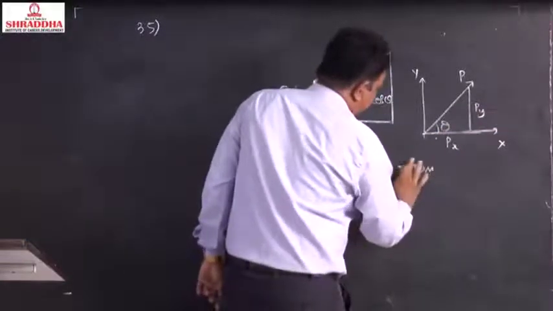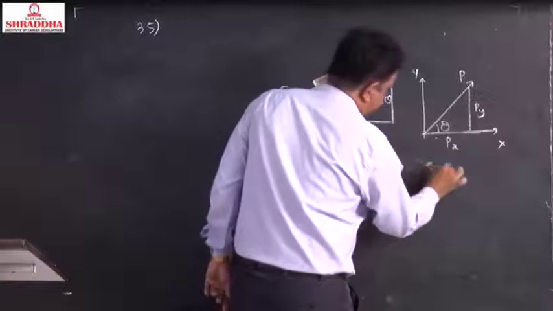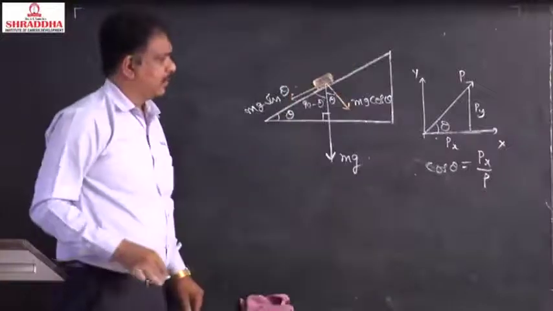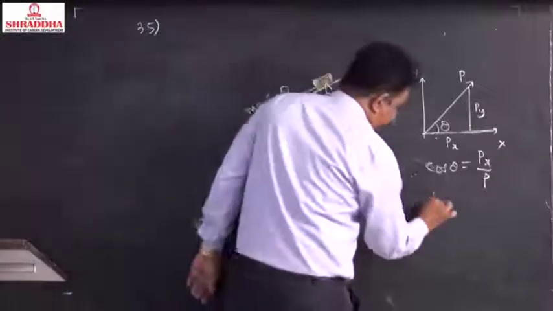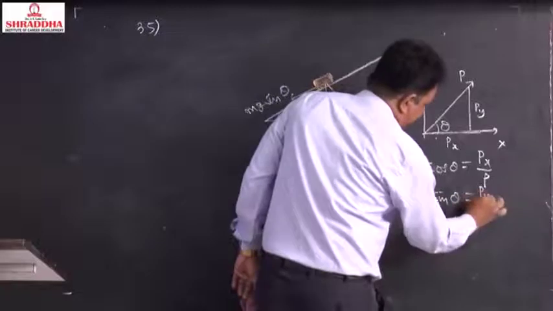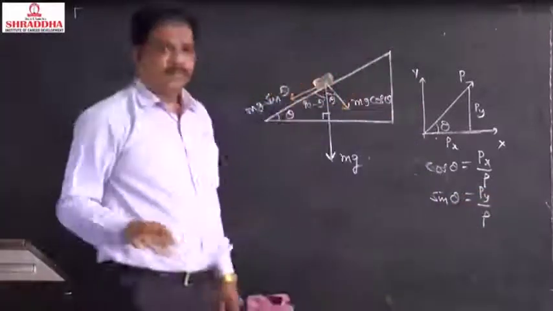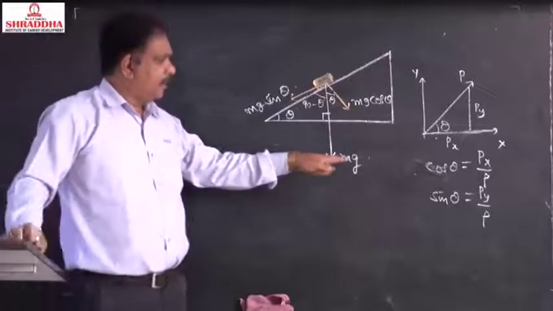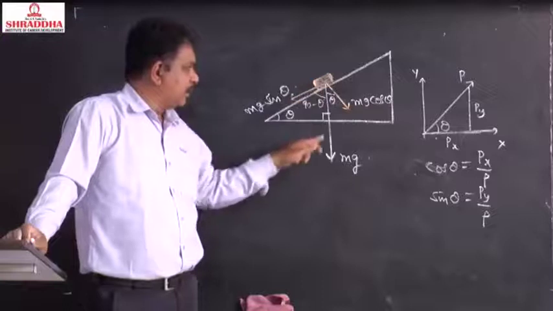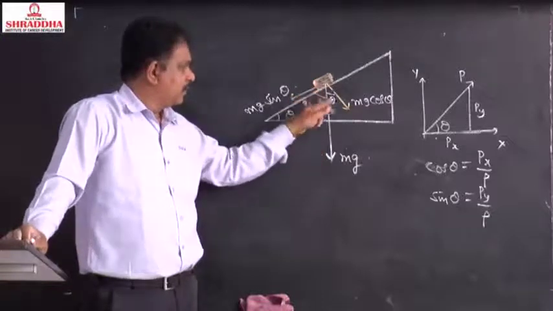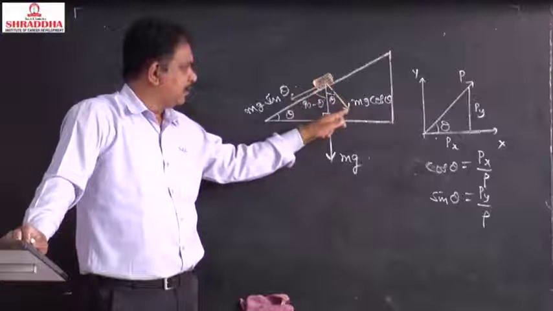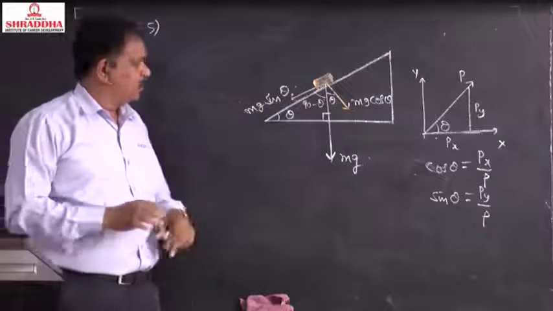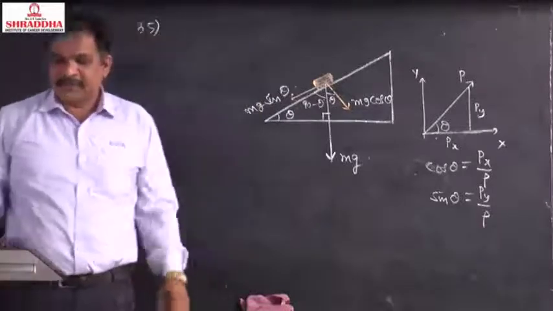Cos theta is equal to Px by P, sin theta is equal to Py by P. Means Px is equal to P cos theta, Py is equal to P sin theta. Like this, mg is P. Since this angle is theta, this component value will be mg cos theta and this component value will be mg sin theta.